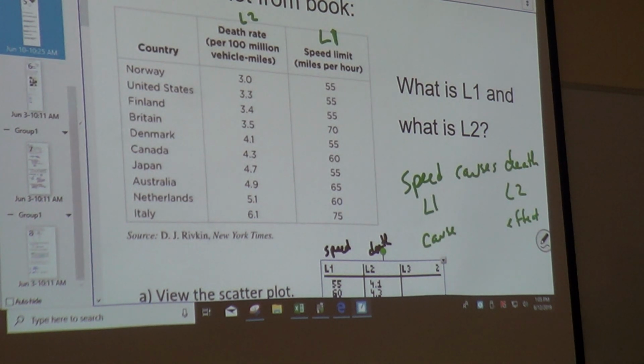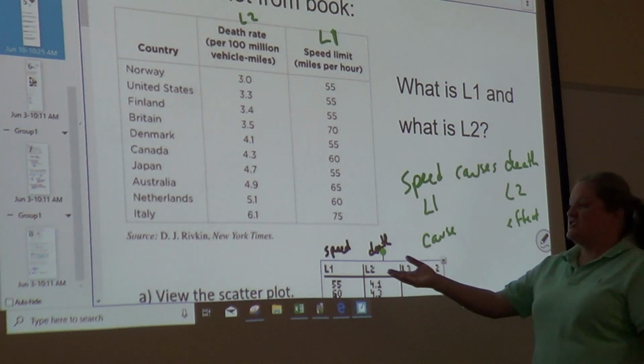So right now we're asking ourselves, is there a relationship between how fast I drive and death? Is there a relationship? Well, obviously not, you're standing there right now. Speed and death, is there a relationship?